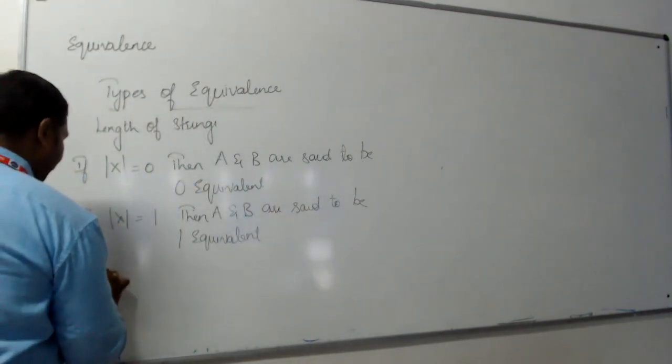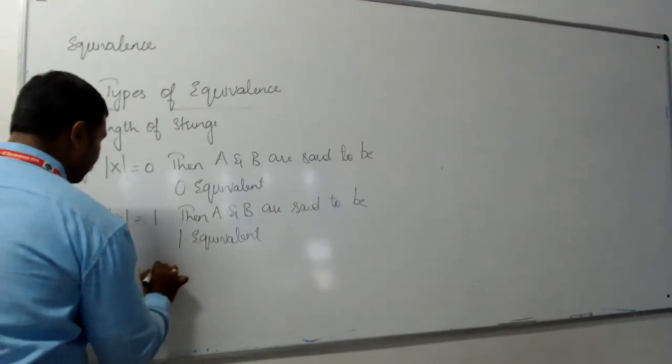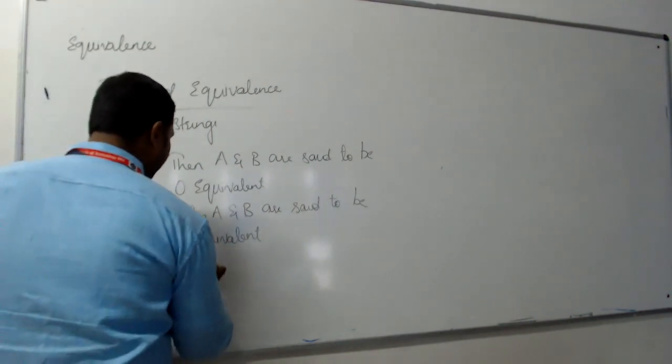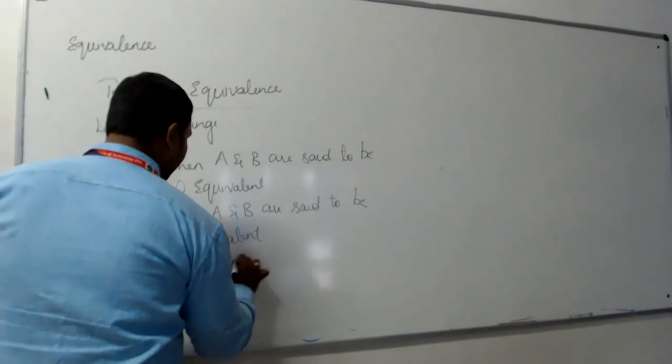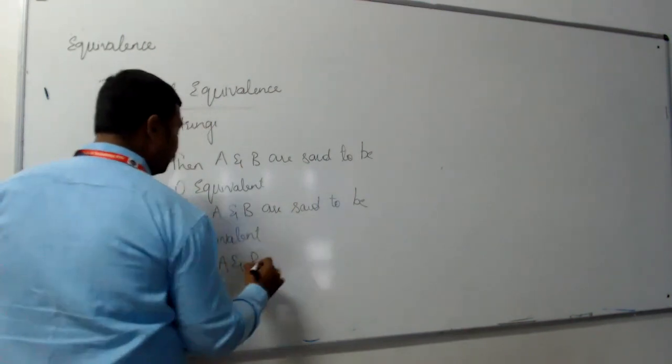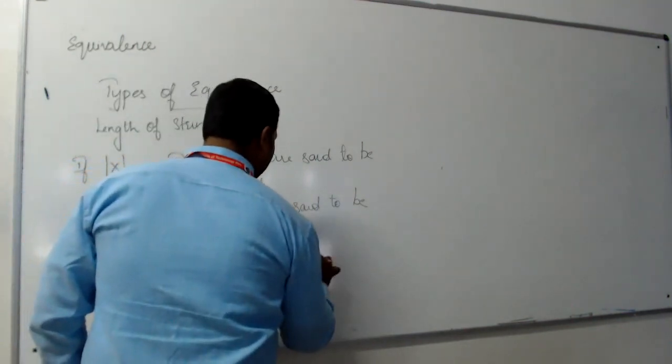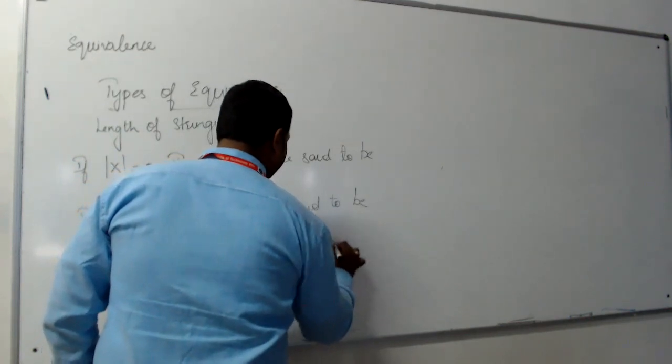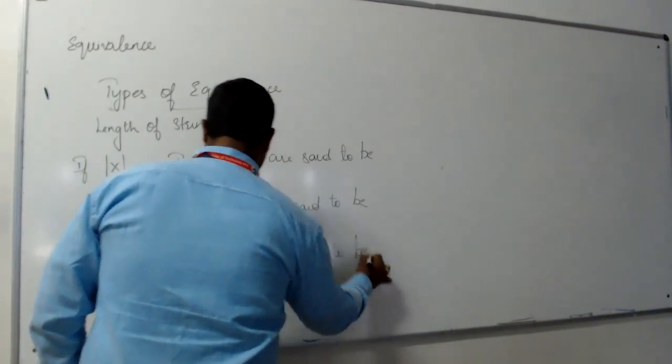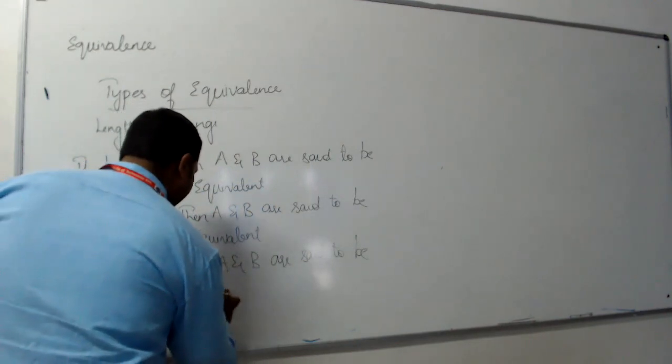If the length of the string is 2, then A and B are said to be two equivalent.